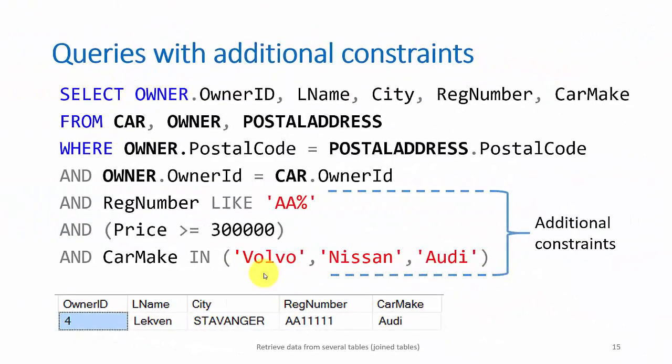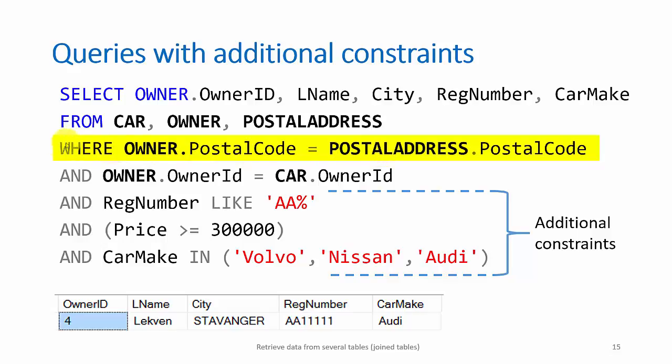And the last thing we want to have a look at is how to make queries with additional constraints. Here we have a query with a select part. We have some columns we want to retrieve data from, and we have specified three tables from where we will retrieve these column data. Then we use a where sentence to make a connection between two of them, owner and postal address.